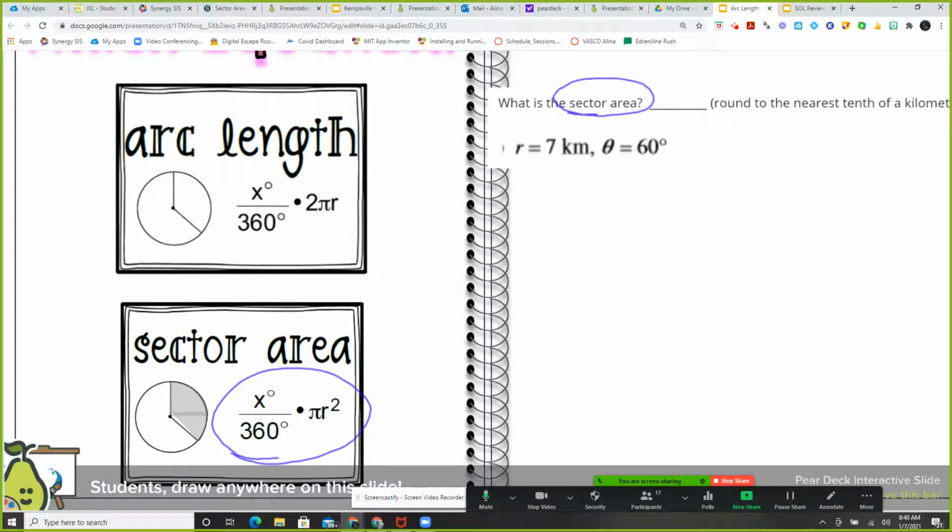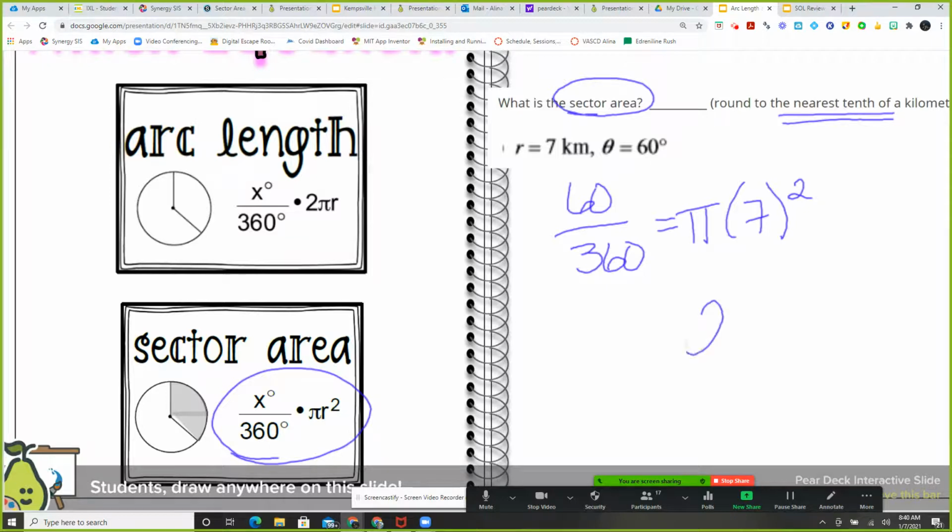And what number goes on top of the fraction? 60. And this one says round to the nearest tenth. So what goes for the tenth spot? 7.